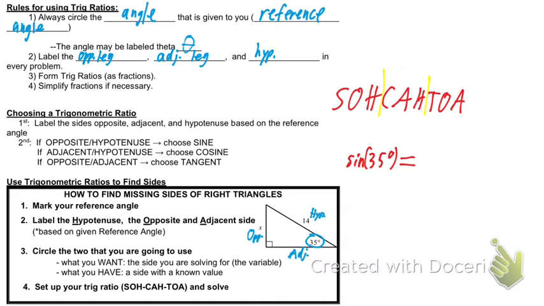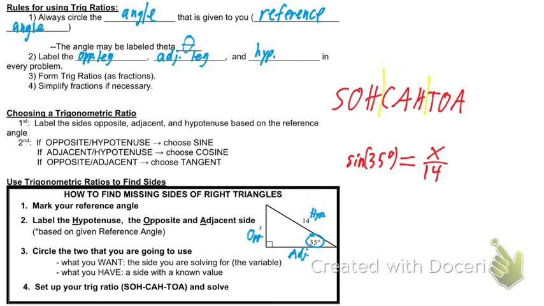No, we're not just typing in our calculator this time, believe it or not. So sine is blank over blank. Opposite over hypotenuse. So what's my opposite leg's measurement right now? X. What's my hypotenuse measurement? 14.